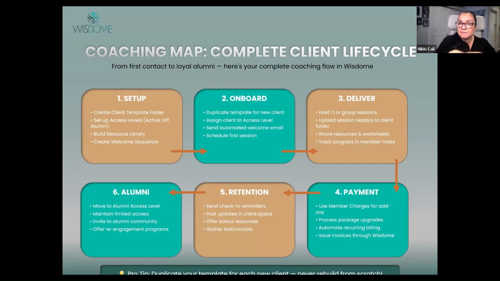And offer, obviously, re-engagement programs, so programs that might evolve from what they originally learned from you. What's the next step? Or it could be, let's touch base and see how you're going. Do we need to revise the process that we've just learned? Things like that. So that is, in a sense, the coaching map, the flow you would go through.